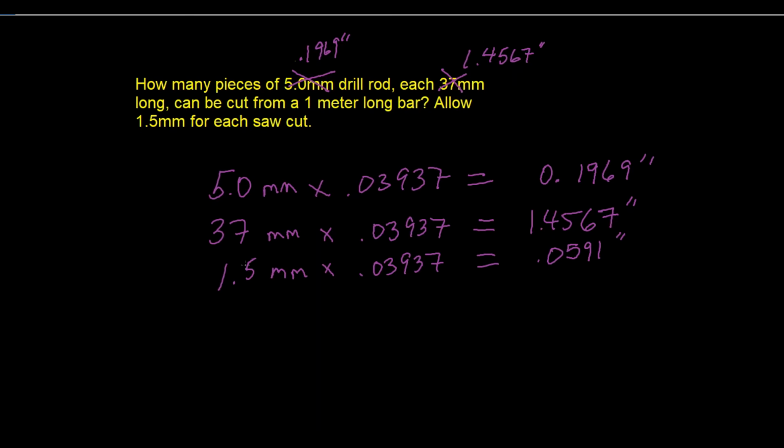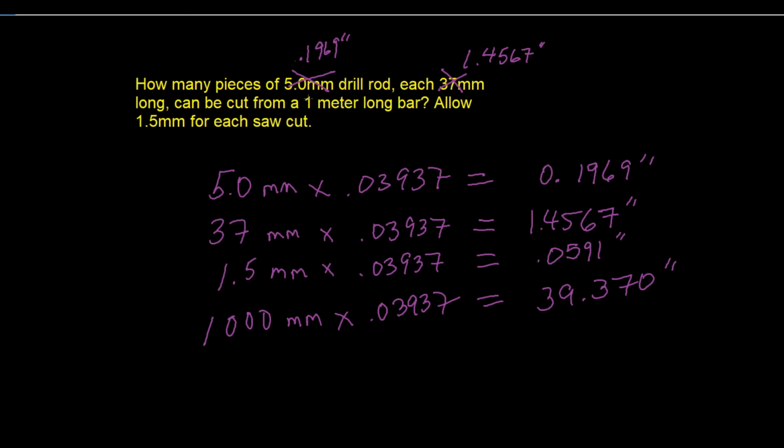Well, 1 meter is 1,000 millimeters, and if you multiply 1,000 times 0.03937, that becomes 39.370 inches.